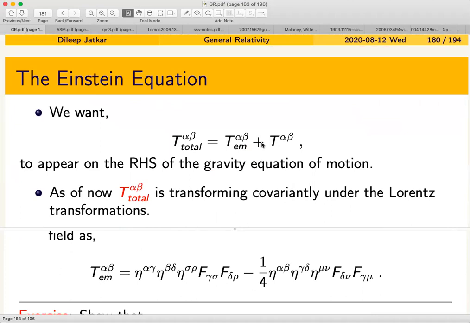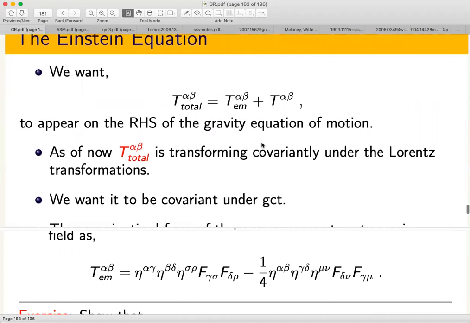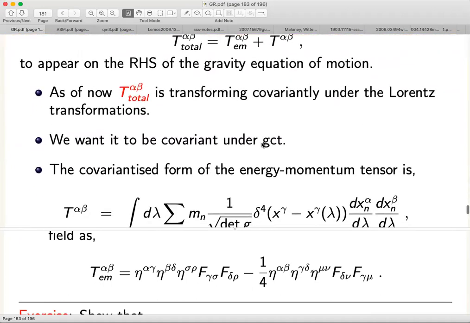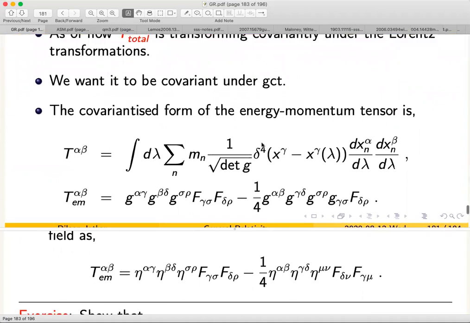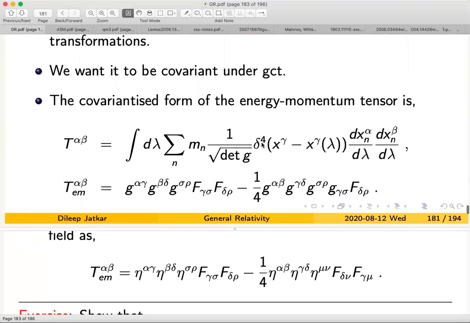What we want to do is to elevate these so that they are covariant under general coordinate transformation. And here is the covariant form of both the energy momentum tensors. So T alpha beta, the particle energy momentum tensor, I forgot to write the minus sign here, but basically you add a factor of 1 over the square root of minus determinant g.